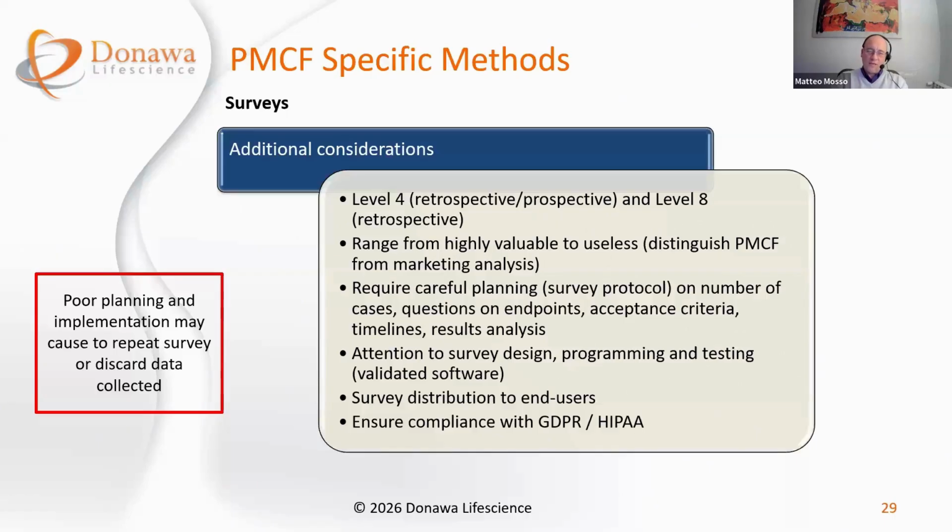There is a wide range of surveys, and they can be really useful or totally useless. We had experience, and Daniela has discussed some examples of surveys that did not satisfy notified bodies. And of course, as I was anticipating previously, preparing a survey is not always that simple.